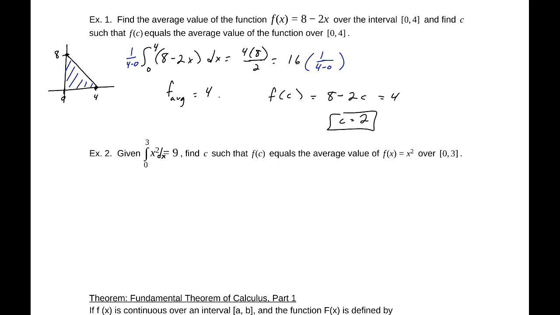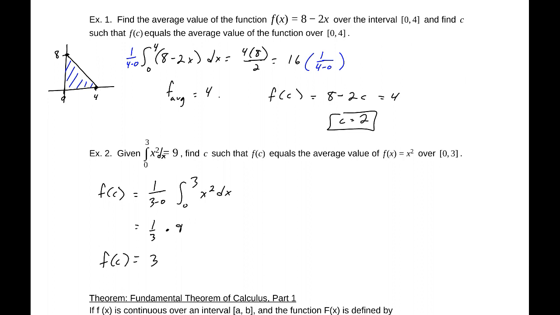Well, my f average, or in our case, I'm just going to write f of c, is going to equal 1 over b minus a, 3 minus 0, times the integral from 0 to 3 of x squared dx, which is 1/3 times 9 by our given statement there. So f of c equals 3.